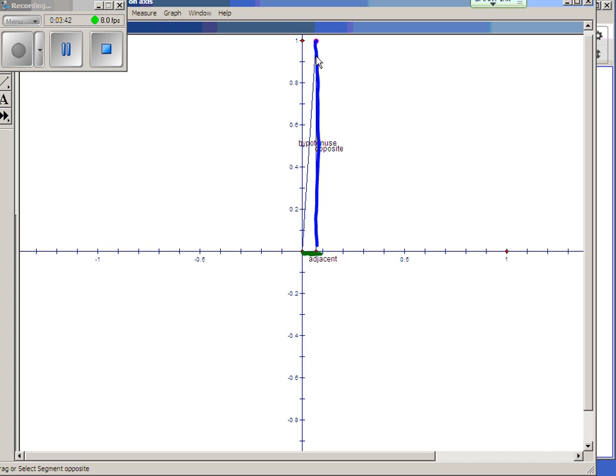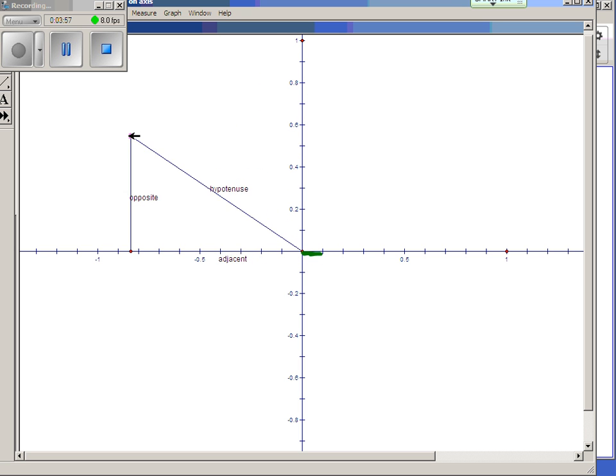My adjacent side is getting closer and closer to 0, and my opposite side is getting closer and closer to being exactly on my hypotenuse. And that's what happens. Or coming down here, again, now it's my opposite side. So at 180, my opposite side is getting closer and closer to 0. And my adjacent side is getting closer and closer to being exactly the same as the hypotenuse.